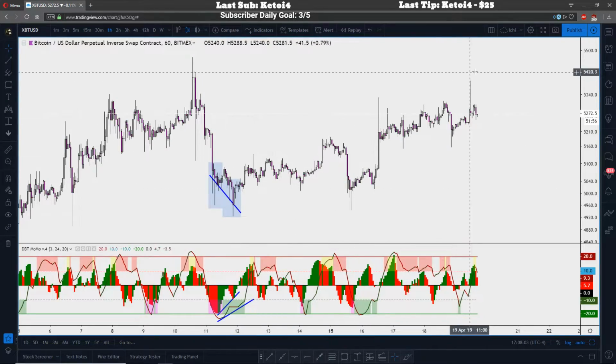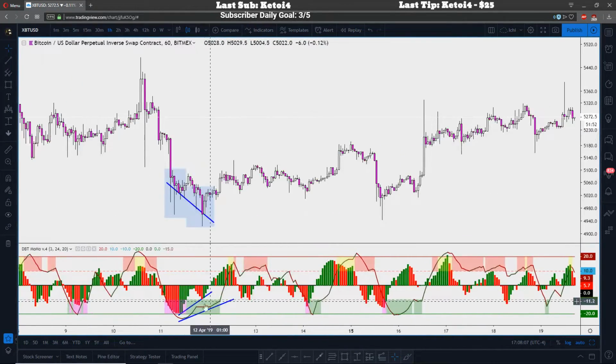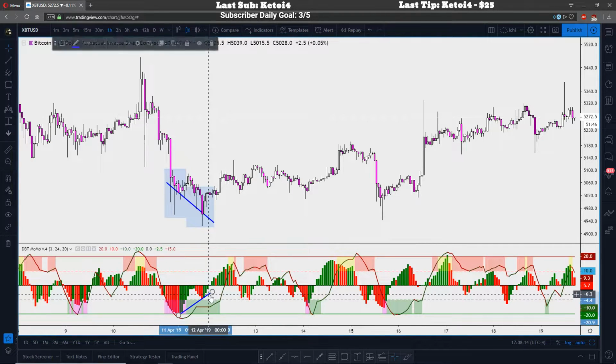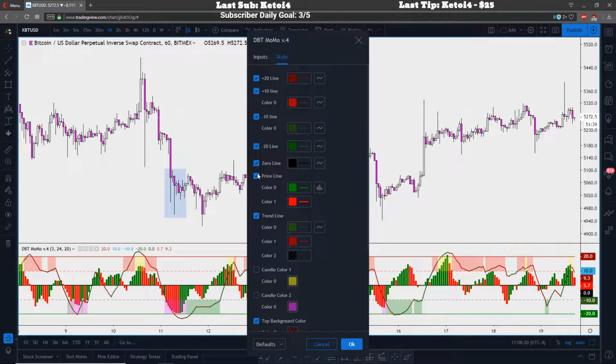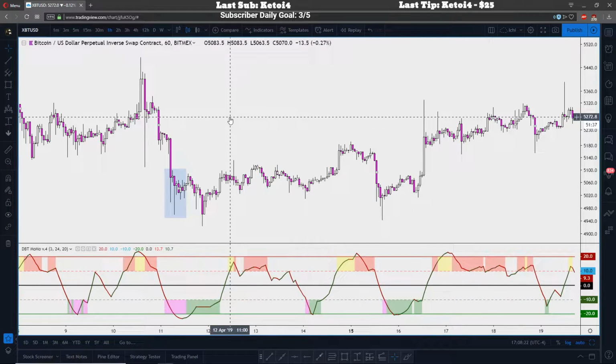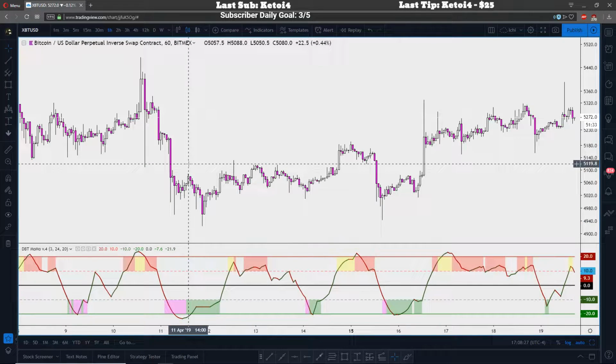So this was basically extremely likely to be the bottom, which it actually was. If you're looking at this overall market structure, this was the bottom. It gave you a bull divergence on the fast line and a bull divergence on the slow line. And it signaled you to purple here, letting you know that a bottom was very likely. Okay, so now we're going to look at the upside.